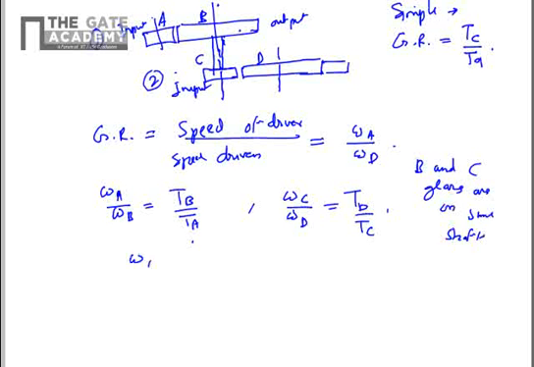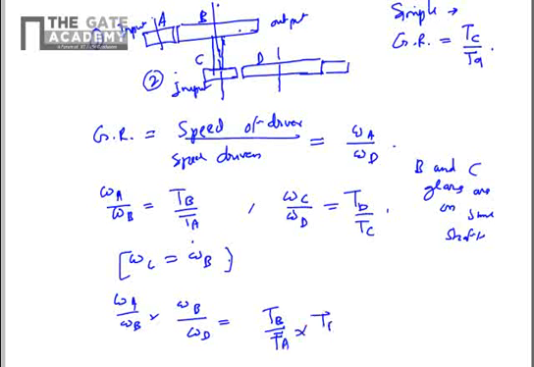So multiplying these two terms, we get omega A by omega B multiplied by omega C, which is now omega B only, by omega D, is equal to TB by TA into TD by TC. Omega B gets cancelled out. So this quantity is equal to omega A by omega D, that is the speed of driver divided by the speed of driven, which is the gear ratio.